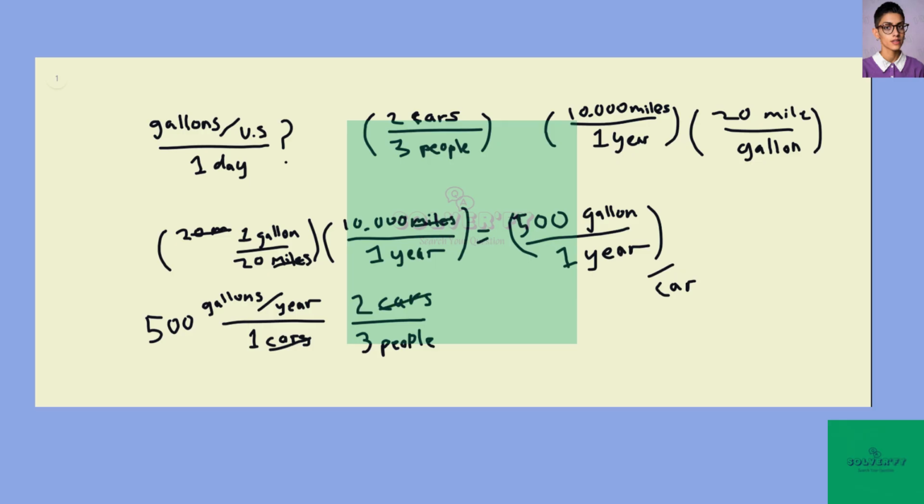That gives us 500 times 2, which is 1,000, gallons per year per people. And we can throw both those units down together if it won't confuse you too much.